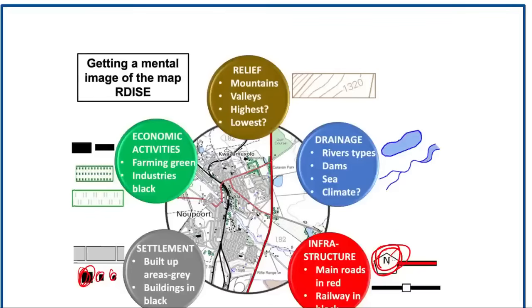Once you see the N, it describes what type of road it is, so it becomes attribute. You must be able to look at the river types, dam, sea, climate, and you must be able to identify the height on the map using the contour lines.